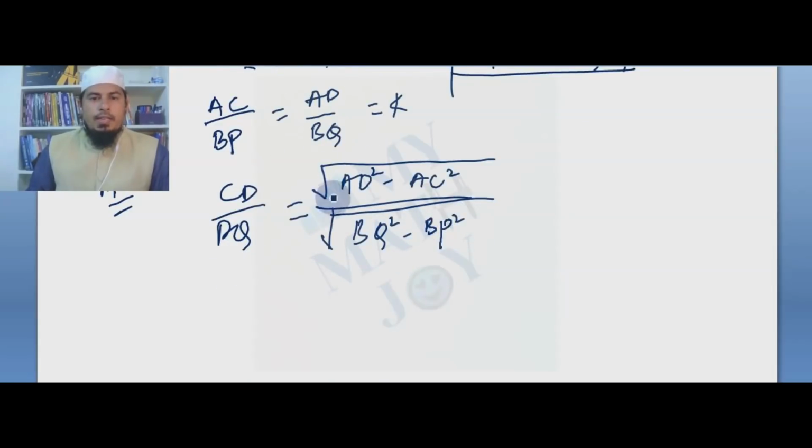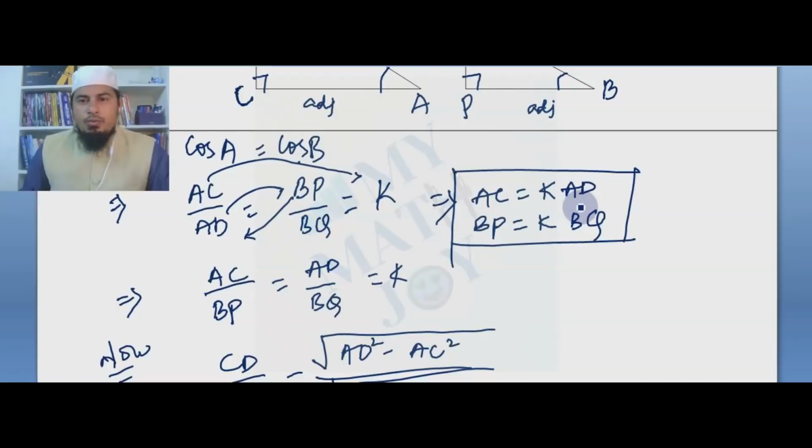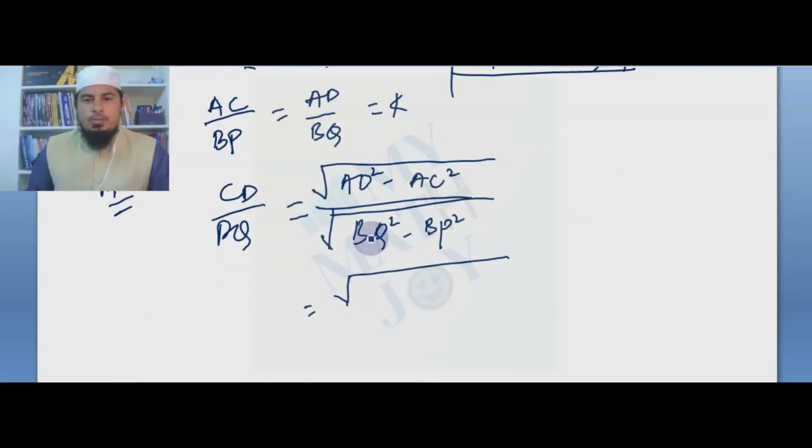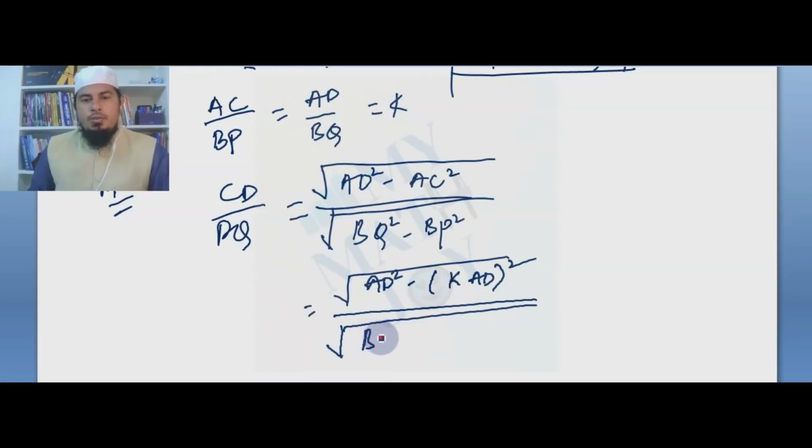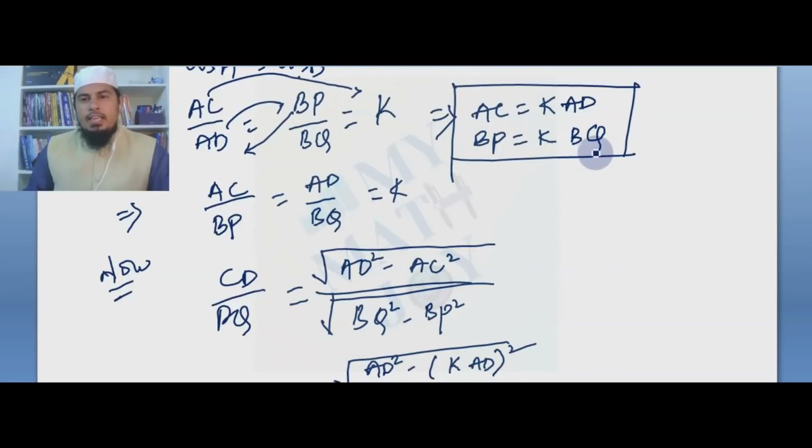Okay, now we shall use AC value can be written as K AD, BP can be written as K BQ. Let us do that one. AD square minus K AD whole square, it will become, now under root BQ square minus BP, which is K BQ again.